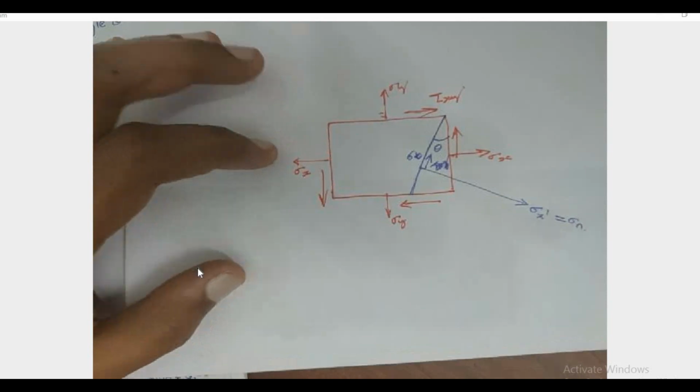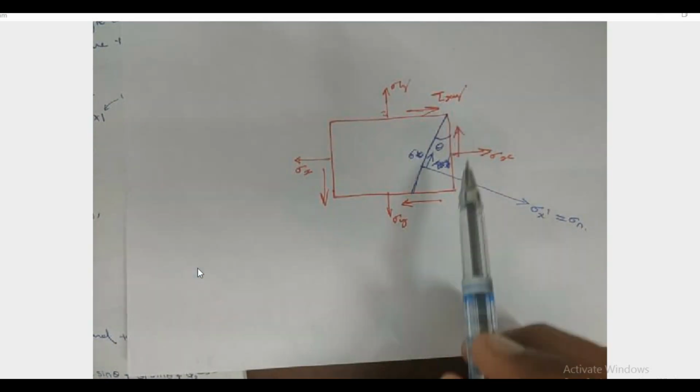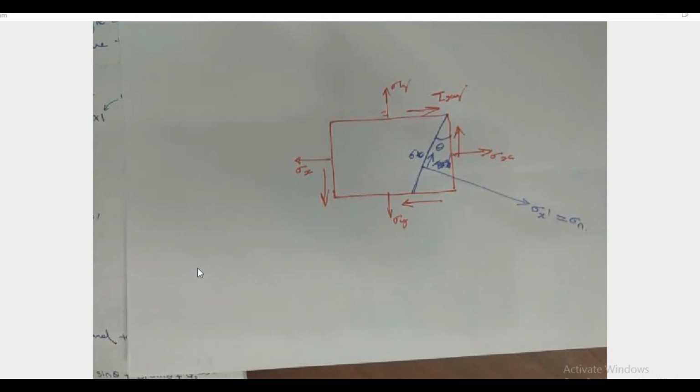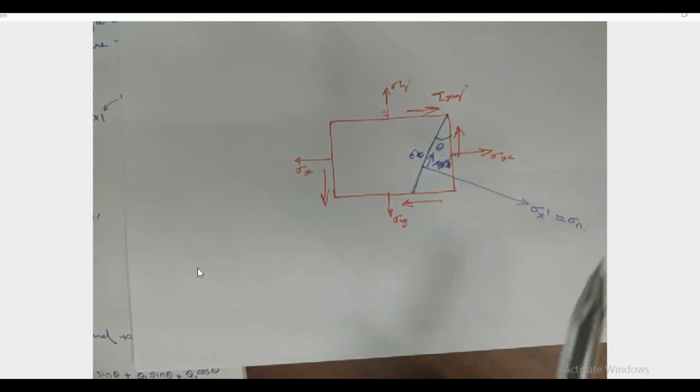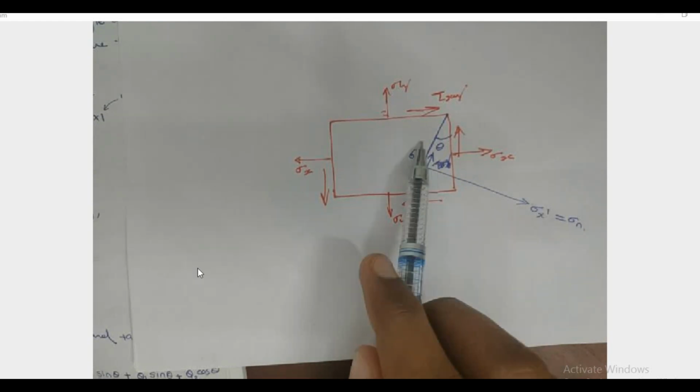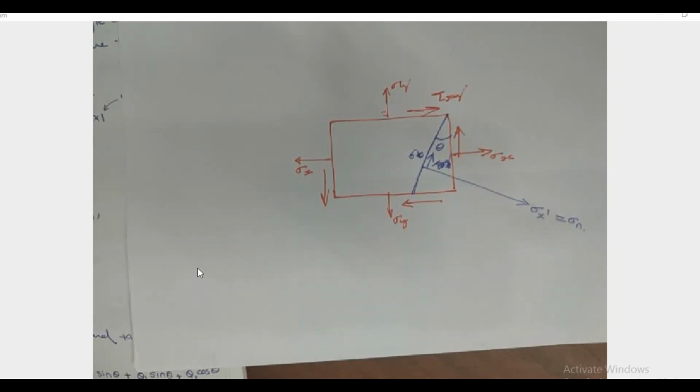Commonly we use tau, but we can use sigma t. That means tangential stress or shear stress, the t representing tangential stress or shear stress. Okay. So using this concept, we can calculate this normal stress and shear stress on an inclined plane.